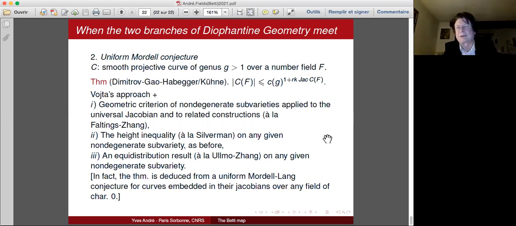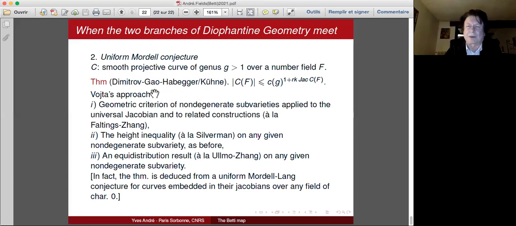So I mentioned the Mordell conjecture at the beginning of the talk, and the setting is the same: a smooth projective curve of genus bigger than 1 over a number field. But the uniformity refers to saying something about the cardinality of the F-rational points of this curve.